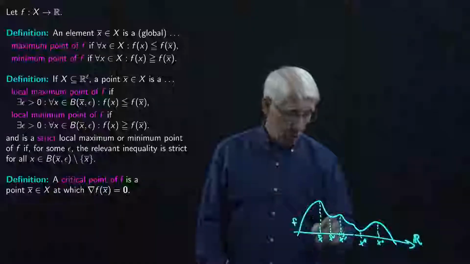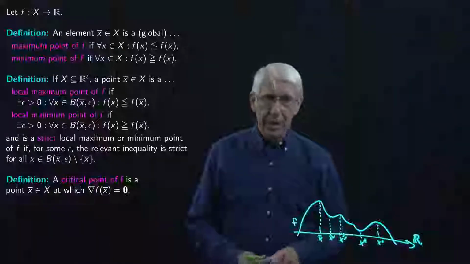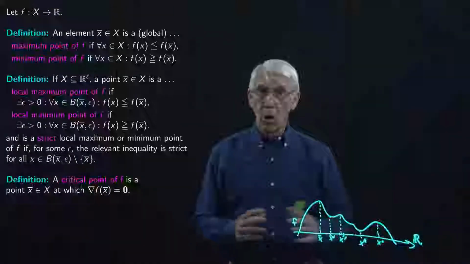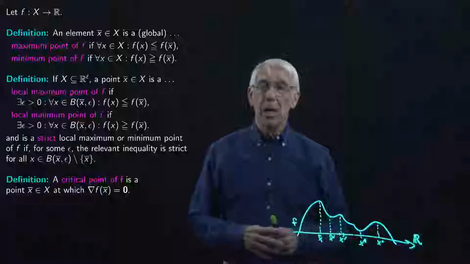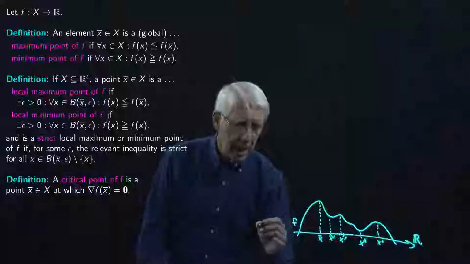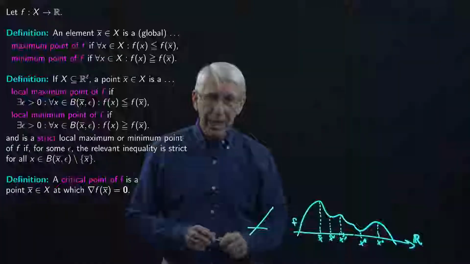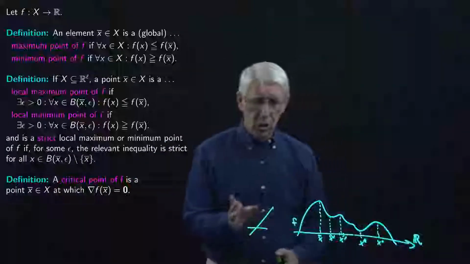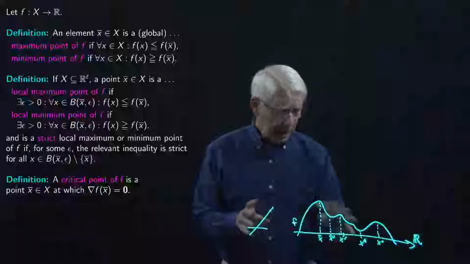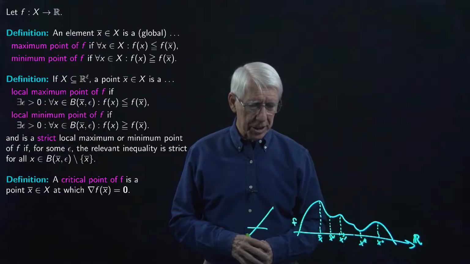It has 2 local minima, no global minima. And of course, it's also possible to have a function that has no global maximum, no global minimum, no local maximum, and no local minimum. Let's just take a function that's increasing everywhere. That function has no global or local maxima or minima. That kind of covers all the cases for all intents and purposes here.